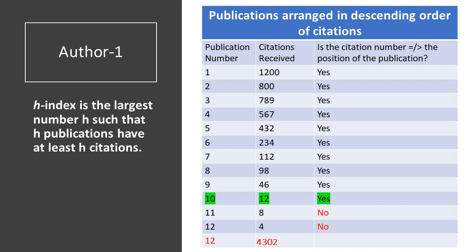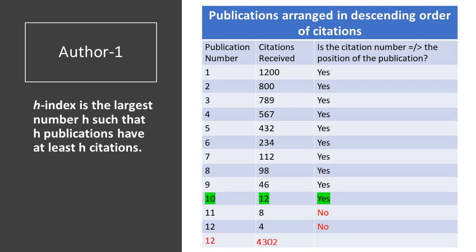Now come to the third column. Is the citation number equal or greater than the position of the publication? This is the question you are going to ask with each of these papers. For instance, 1200 is greater than 1, the publication number 1, the position is 1, so there is yes. 800 is greater than 2, hence there is yes. 789 is greater than 3, 567 is greater than 4, and so on, till you come to the 10th paper.